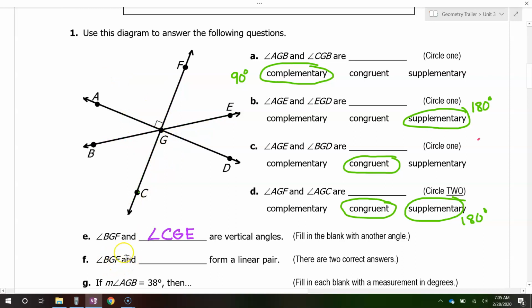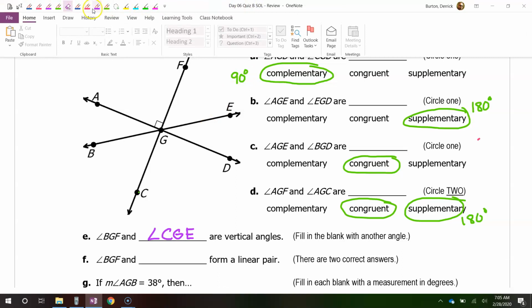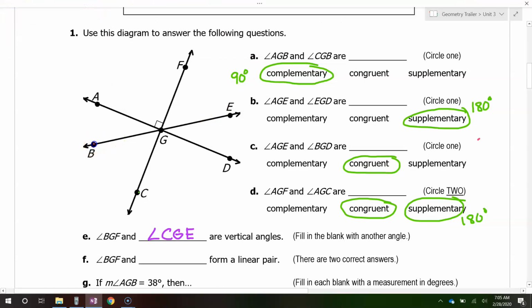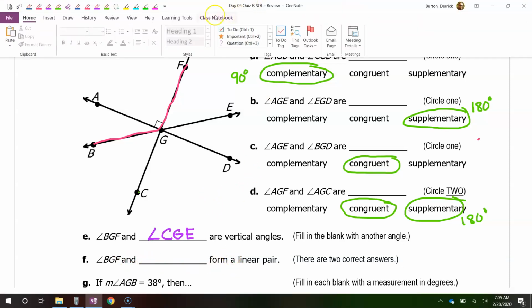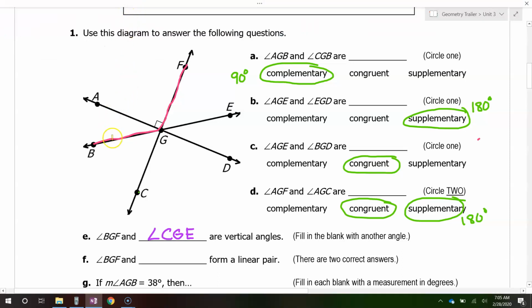Okay, starting over. Angle BGF, okay, I guess I didn't have to erase that one. So angle BGF, again, is right here. And angle what form a linear pair. So we're looking for the angle that will make a straight line. So I've got this angle so far.